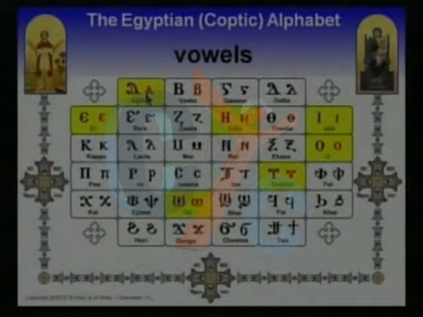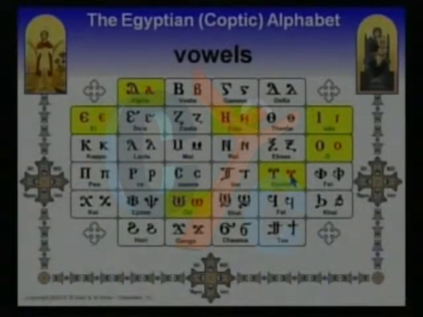The first one is the alpha, and it's pronounced A, as we said before, and then the epsilon, pronounced E, and then the one that looks like the English H, it is eta, long E. The iota is E, so this eta here is as if there are 2 iotas attached together, and then there is the O, short O, and the long O, which looks like a W, and then the epsilon, which is pronounced like the iota.